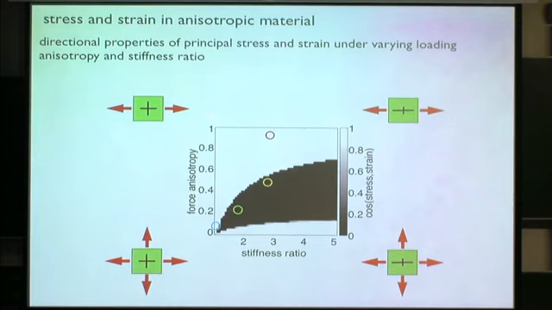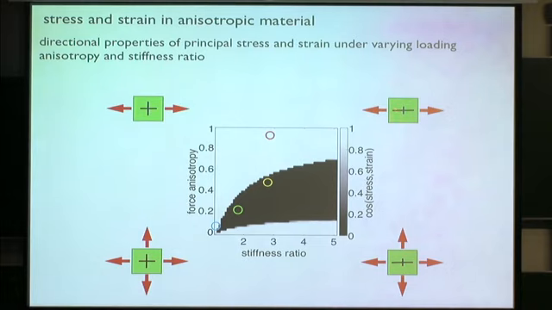This load can change from isotropic load to perfectly anisotropic load that can be represented by 0 and 1 for the value of force anisotropy, and the other axis is the stiffness ratio that can represent the degree of anisotropy of the material.